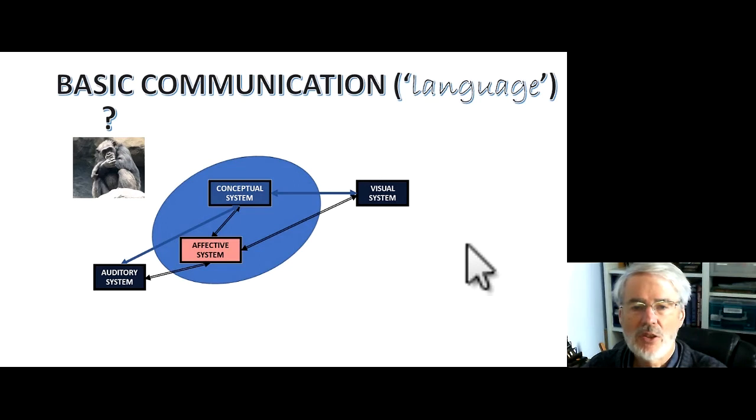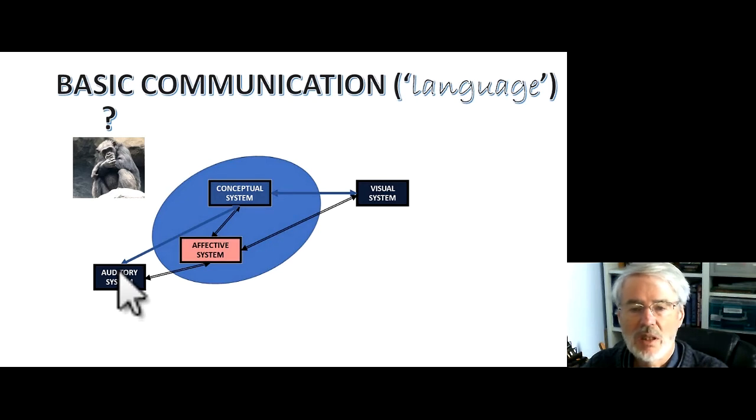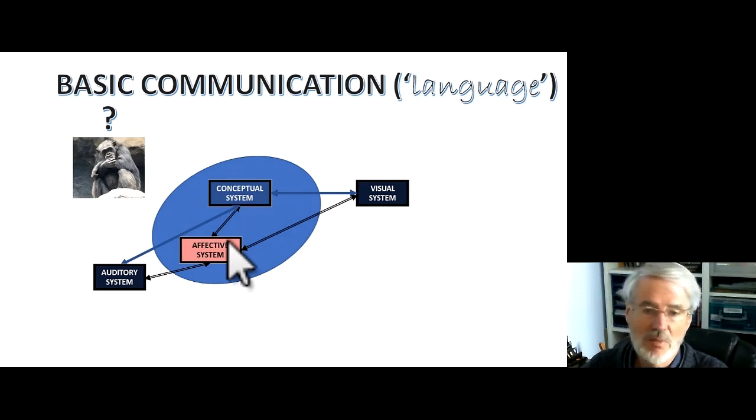And to do this, you need these 4 systems in particular, right? So the visual system and the auditory system, either one or the other or both, and you need a way of attributing meaning to various signs, for example, and you need a conceptual system to make sense of various sounds, and you need an affective system to evaluate the importance of some things over others.